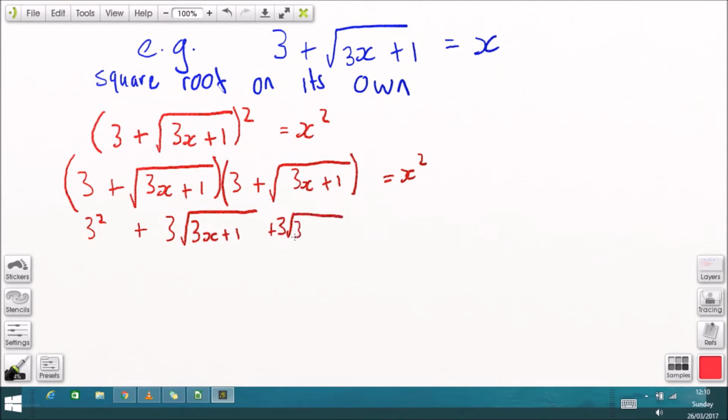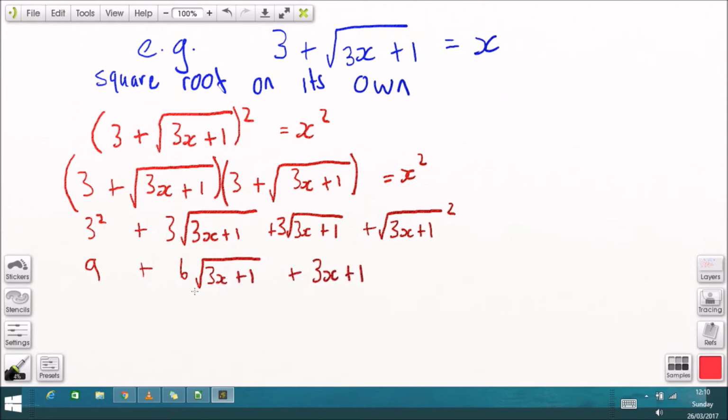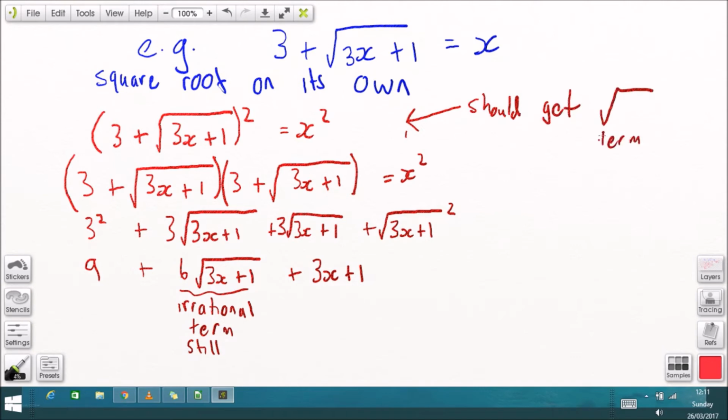We'll have another one of those. And that square root will cancel off, which written in its simplified form will look like this, and we've still got an irrational term. So because we didn't get the square root on its own, we didn't get rid of the irrational term, and we're back where we started. We haven't made any progress towards an answer. So we should first of all get the square root term on its own, and if we do that, we can eliminate all the square roots.